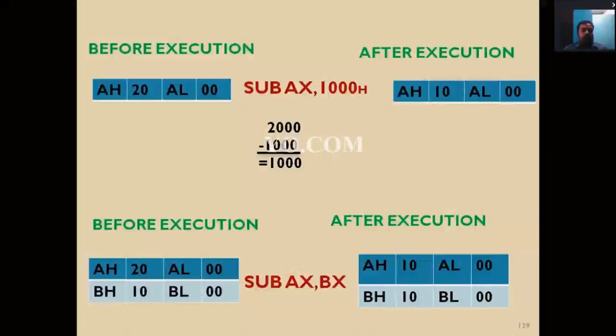Then 1000 is immediate data. After the result, 2020 minus 1000 is 1010, that is stored in the AX register, the destination register, that is the accumulator. Then SUB AX comma BX, that means initially AX equal to 2020 and BX equal to 1000.